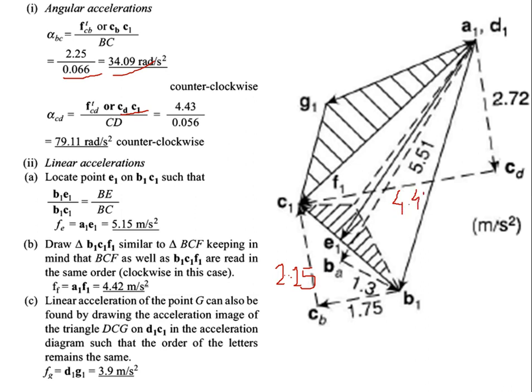Around 4.4 is okay. 4.43 is the value. Anywhere between 4 to 5 if you are getting, that is also okay, because you take a lot of construction in this, so you will not be getting exact same values. Around 4.1, 4.2, 4.3, 4.4, 4.5, 4.6, anything is okay.